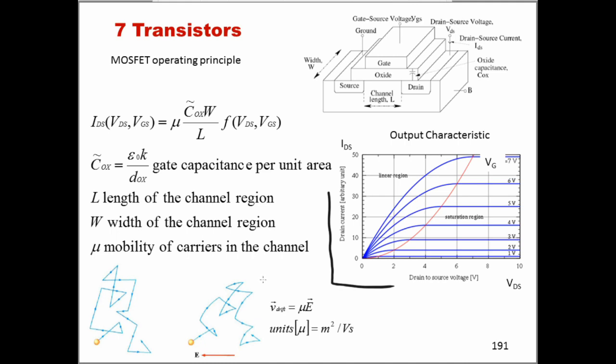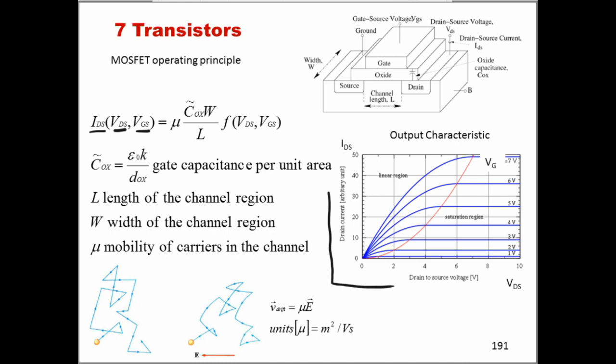So let us now try to quantify a little bit what the relation should be between the 3 parameters we've come across until now, which are IDS, VDS, and VGS. So definitely IDS is clearly a function of both VDS, the voltage across the drain source region, and VGS, which is the voltage applied on the gate, as we've said previously.